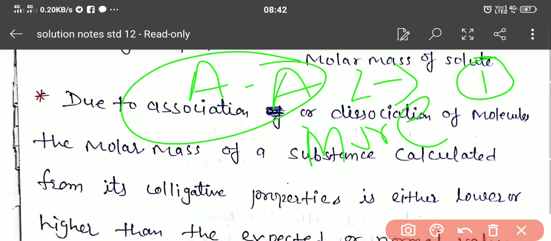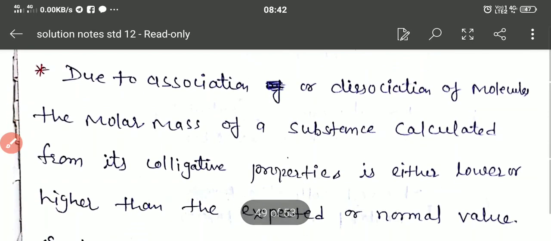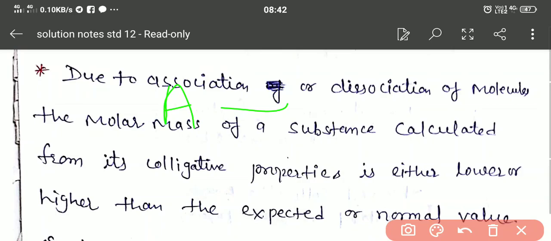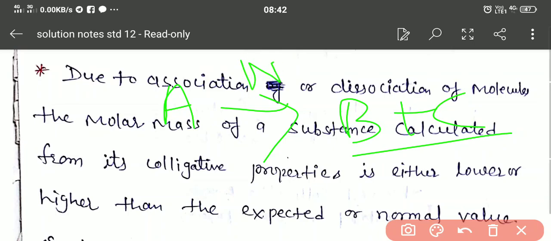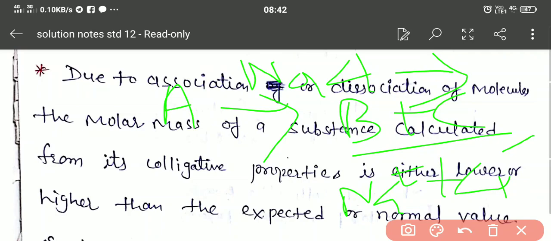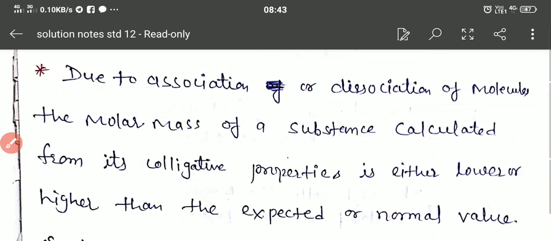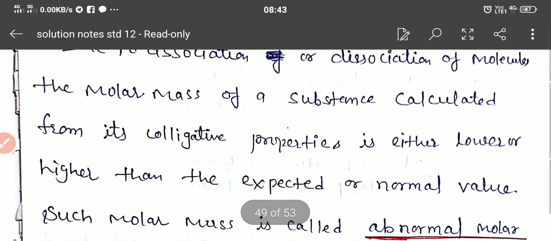And when a molecule is decomposed into fragments, it is dissociation, like when a solution of NaCl is formed, it converts into Na plus and Cl minus ions. So it is dissociation. Due to association and dissociation, the molecular mass of a substance calculated from its colligative property is either lower or higher than the expected normal value.